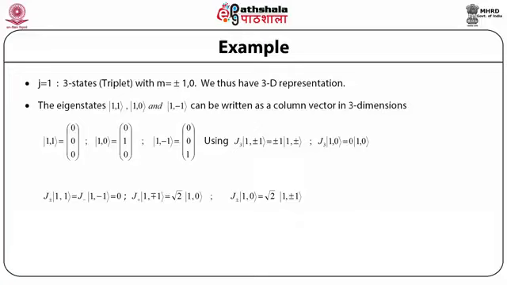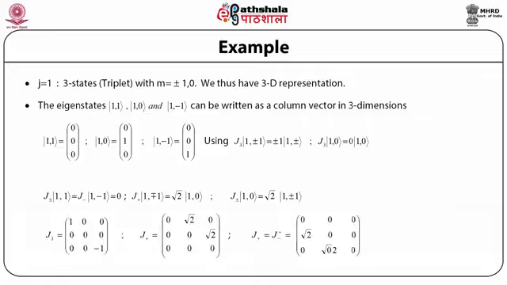So we have these relations that J plus acting on |1,−1⟩ is equal to root 2 |1,0⟩, and J plus acting on |1,0⟩ is root 2 |1,1⟩. So from these operations of J3, J plus, J minus onto the 3 states which we have defined as |1,1⟩, |1,0⟩, |1,−1⟩, we can write J plus, J minus and J3 as 3 by 3 matrices. Alternatively, we can write J1, J2, J3 as 3 by 3 matrices, as shown here.